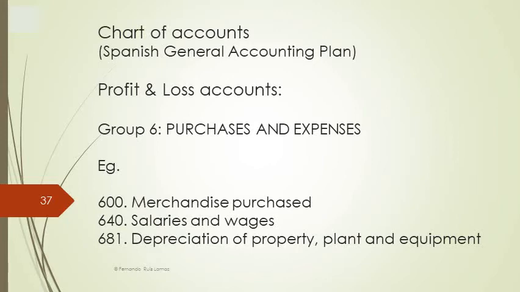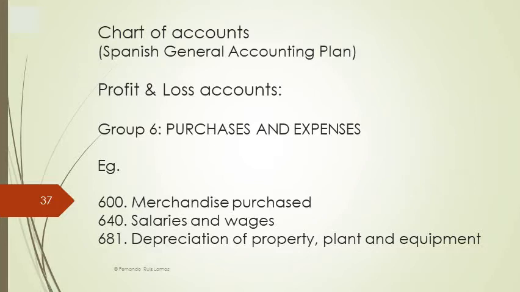For instance, within Group 6, we may find the account 600, merchandise purchased, which refers to the cost of procurement by the company of trading inventories included in subgroup 30.